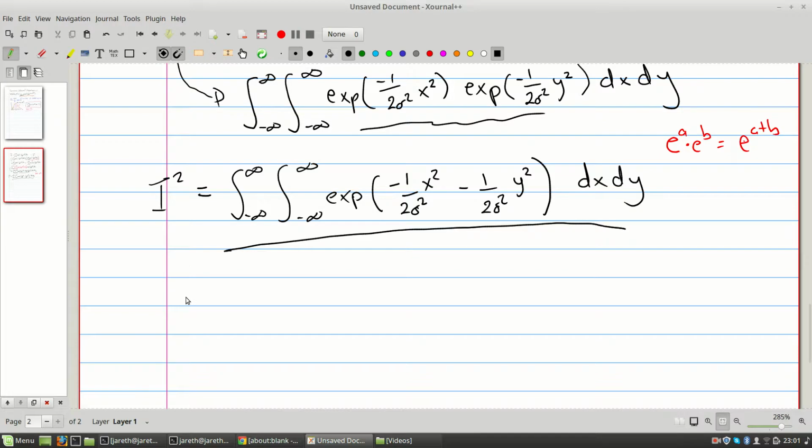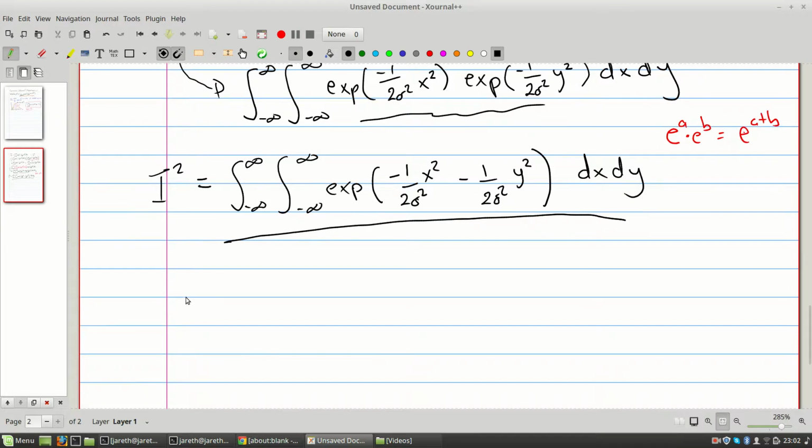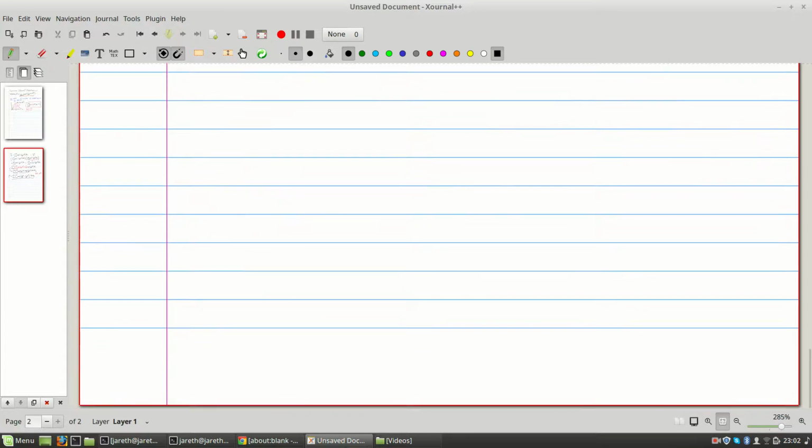and this is more of a refresher because I'm assuming that you are familiar with calculus. So I'm going to do this on a new page.